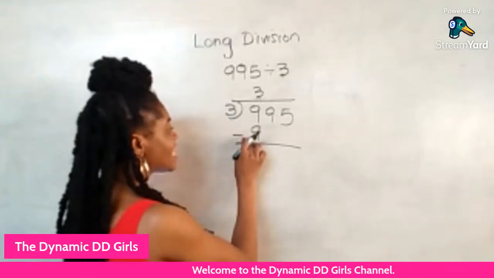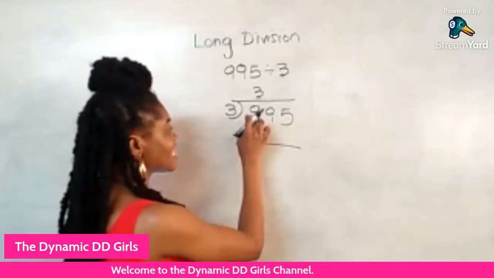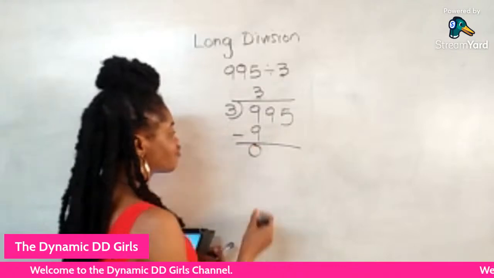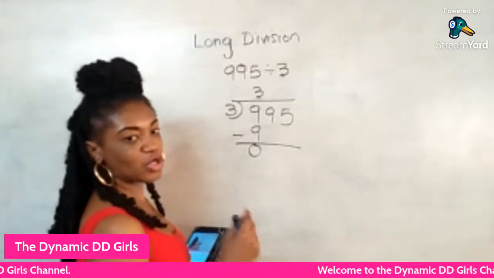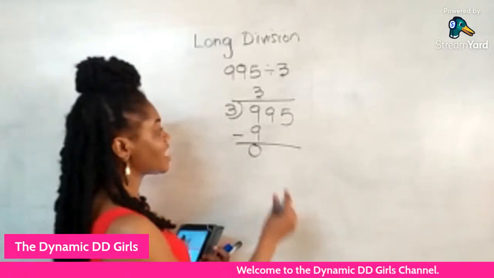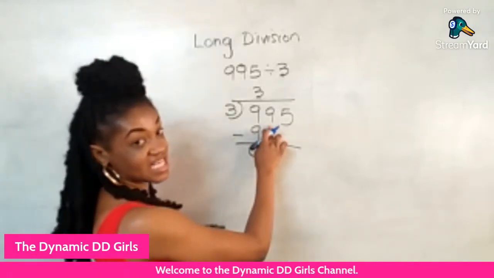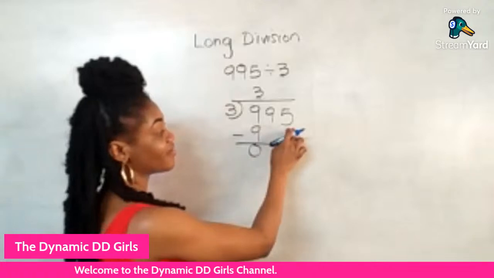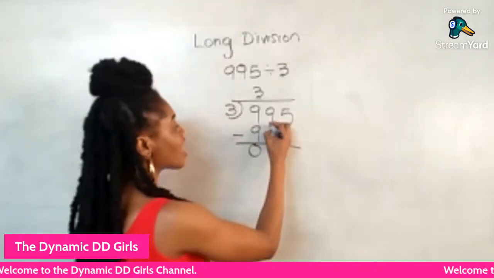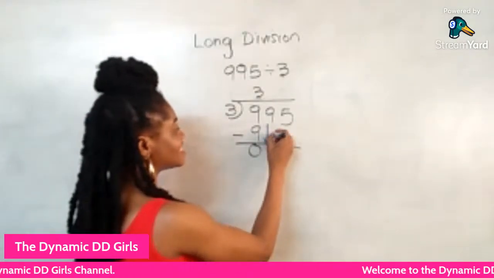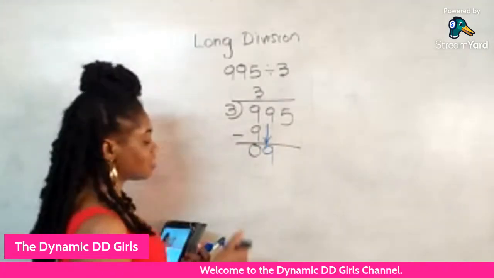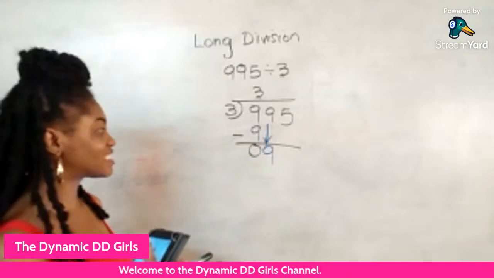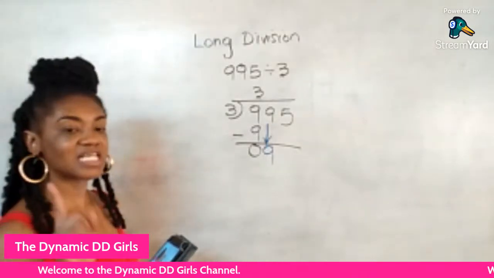When you take this 9 from this 9, you are left with 0. But we have 2 more digits that we haven't started working on yet. We have this 9 in the tens place, and this 5 in the ones place. So we are going to carry down the 9 that is in the tens place. When you carry down that 9 beside that 0, it's still 9 and not 90.